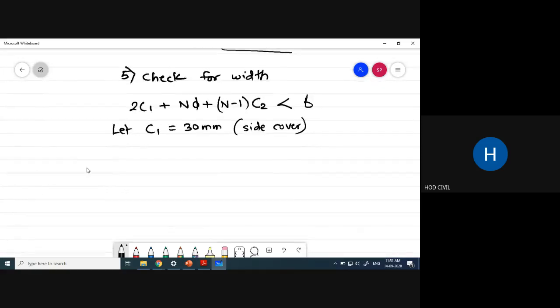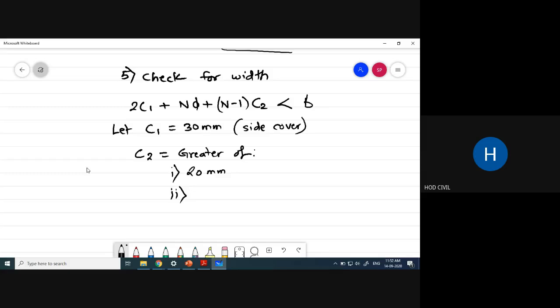And C2 is the spacing between the two bars, which has a criteria that it should be the greater of the following. First criteria, the bar diameter. What is the bar diameter? 20 mm we have adopted. Second criteria, the bar diameter of the greatest size.